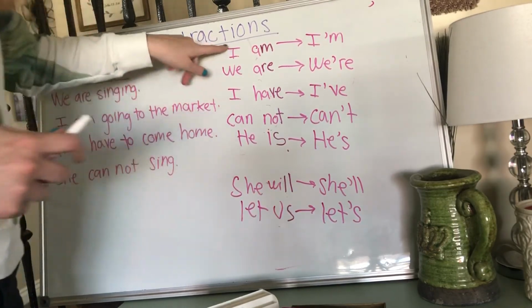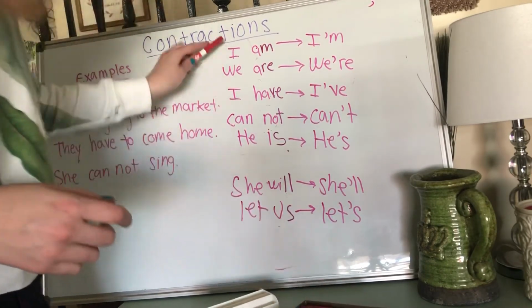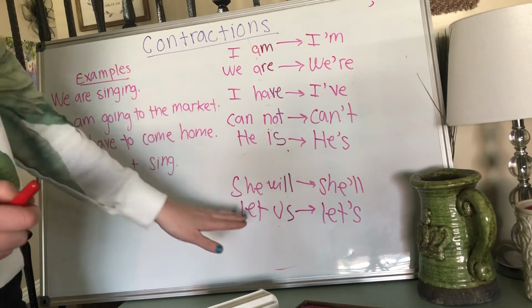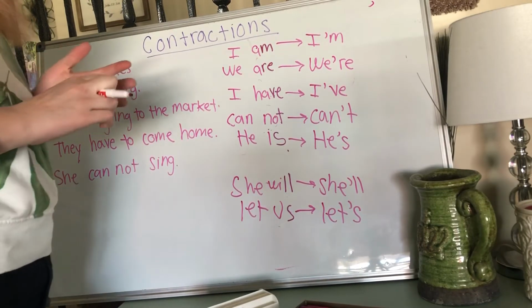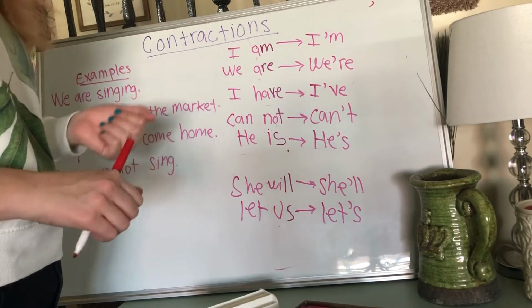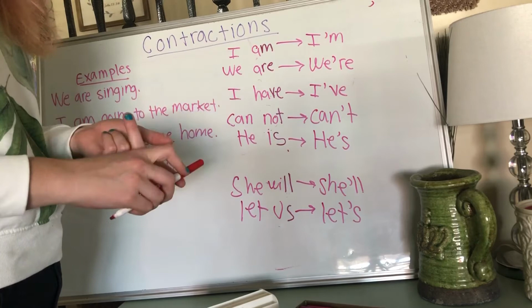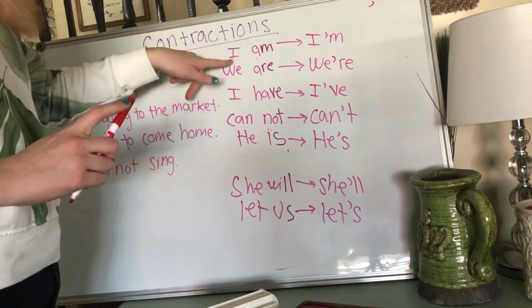So now let's talk about these partner words we have right here. These words can change in all of the examples except this one, okay? Remember you've learned before is, am, and are, right? He is, she is. We are, they are. I am.